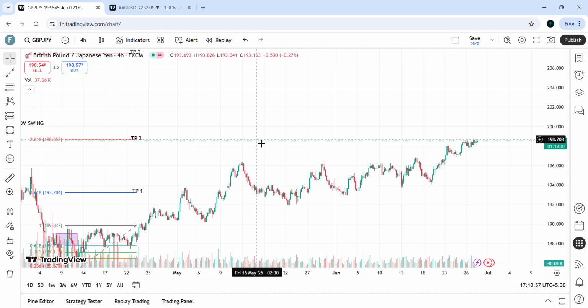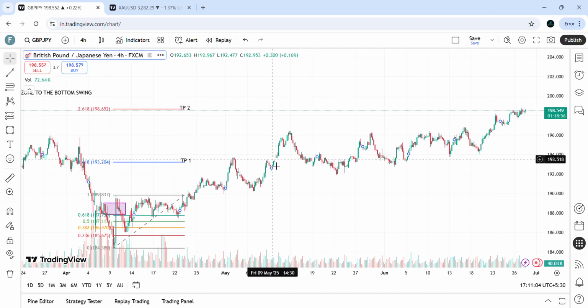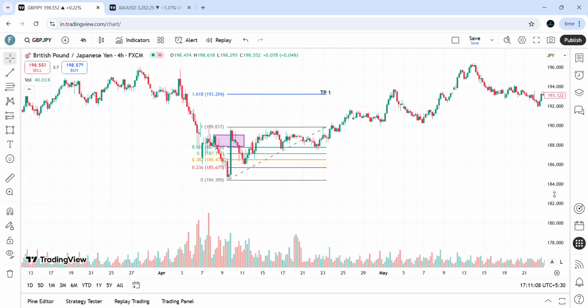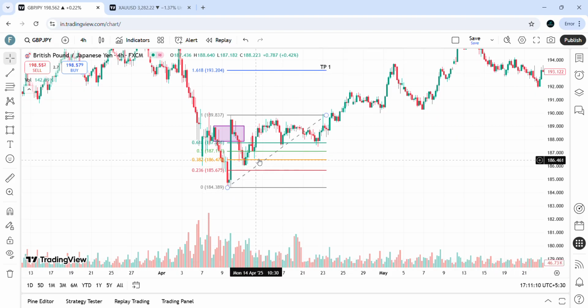See how perfectly these zones are playing out? From these places you get your rejection. It's literally perfect. If you enter anywhere over here, I suggest you put your stop loss right below the swing low.